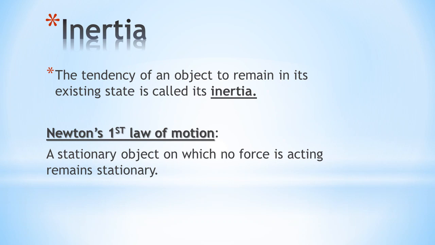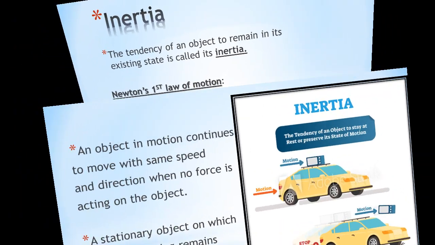A stationary object on which no force is acting remains stationary. An object in motion continues to move with the same speed and direction when no external force is acting on the object.